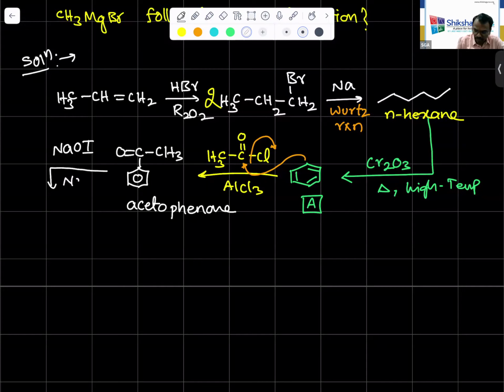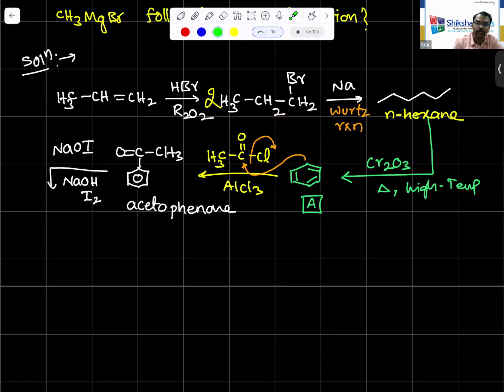In the presence of halogen and alkali, we have very famous reactions. One is the haloform test. The next one is Hofmann bromamide degradation. Of course, there bromine is the halogen. Here it is iodine. It is the haloform test.